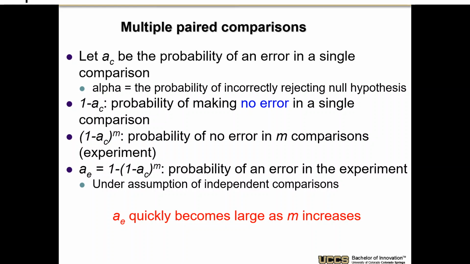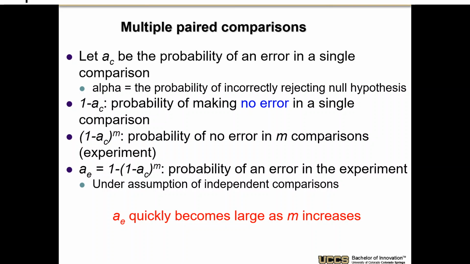And this raising to the Mth power means the chance of there being an overall error is very good. So alpha e quickly becomes large as M increases. We actually saw this error when we talked about the simple jelly bean experiment.